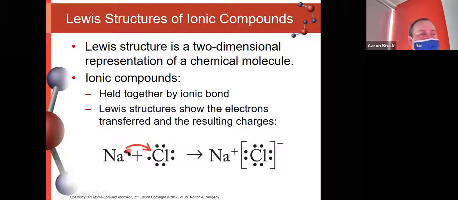And so sodium is now one electron deficient, so it has a sodium +1 charge. And the chloride has this extra electron now, so it has a 1 negative charge. And the two charges are ultimately what attract each other electrostatically, according to Coulomb's law, to make the compound.